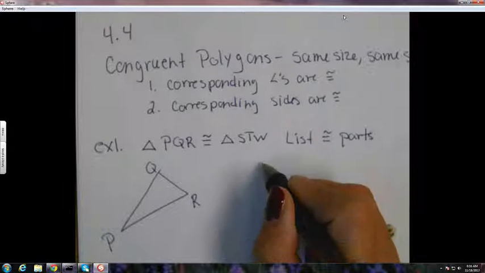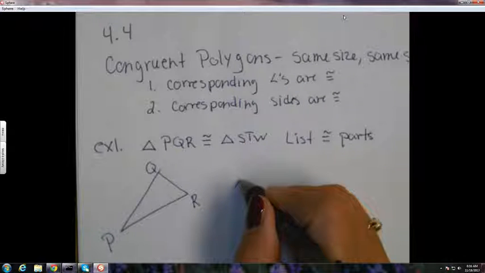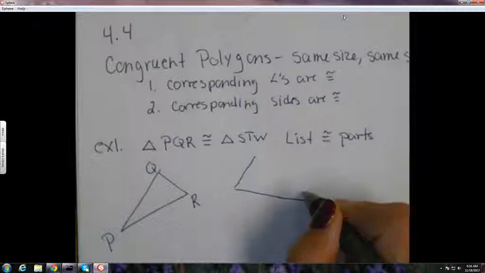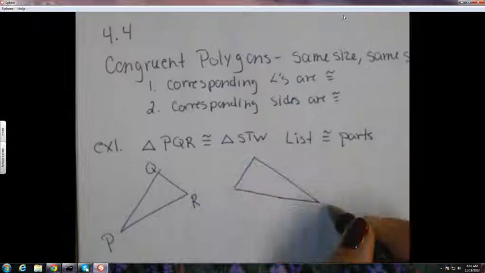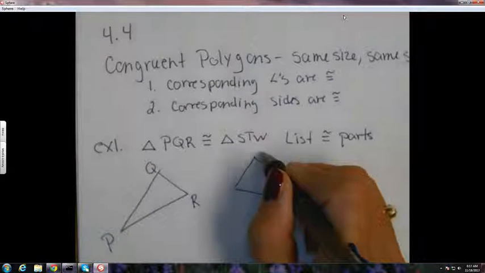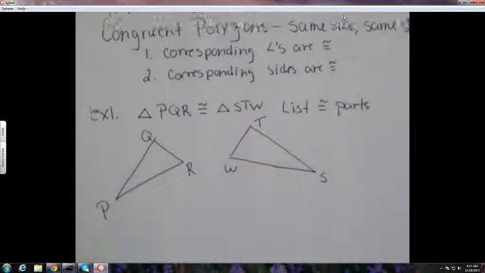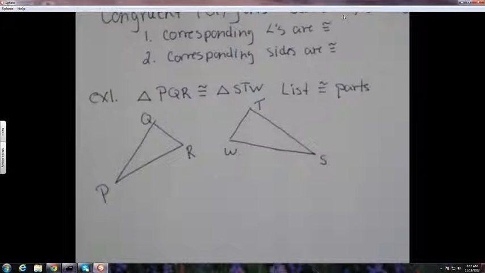See if I can draw another one that looks just like it. Angled the other way. STW. There.